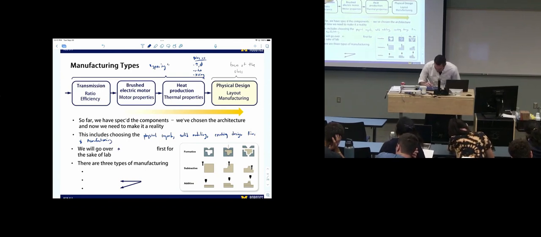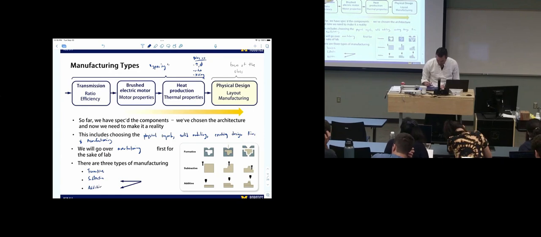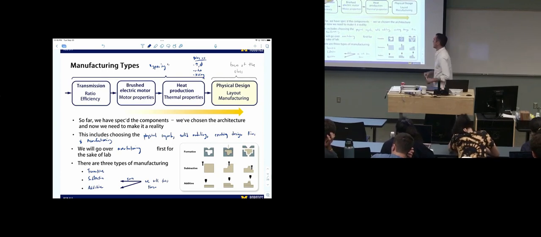We're going to go over manufacturing first, because we're getting into that in the lab. There are three types of manufacturing: formative, subtractive, additive. So formative means we're creating a mold typically.